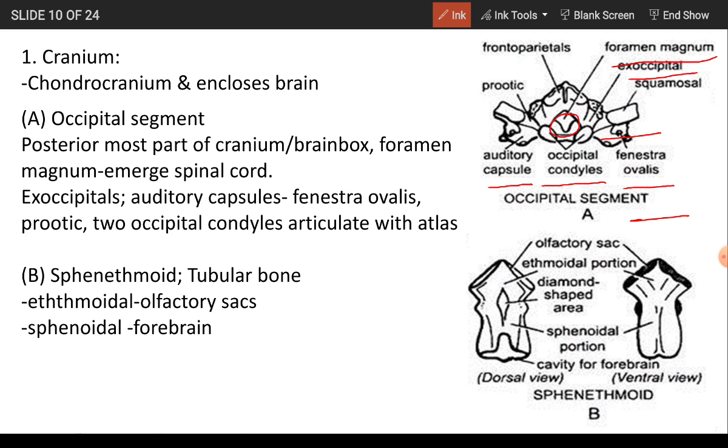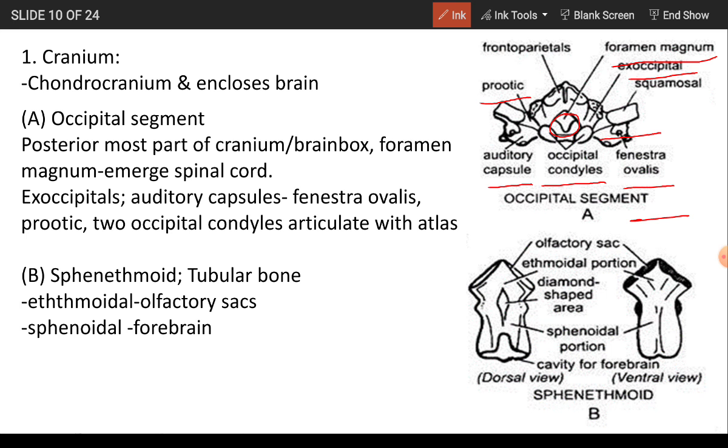And the anterior wall, that is the roof and the floor of the auditory capsule, is formed by an irregular cartilage bone called the prootic. This is the prootic bone, which actually forms the entire roof and floor of the auditory capsule.